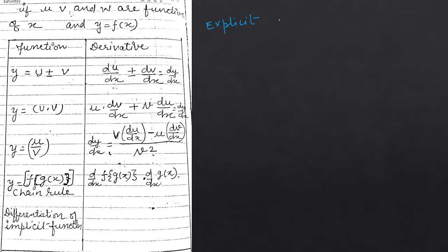For example, all the functions which we have done in this video are explicit functions. We are expressing the equation in terms of y in all the functions, right? These all are the explicit functions.